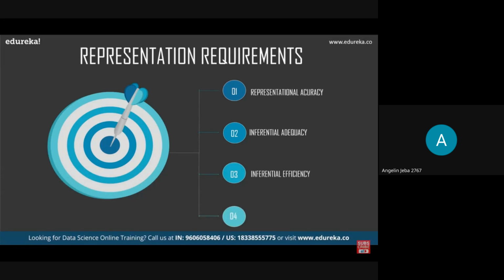It also must have inferential efficiency, so, the ability to direct the inferential knowledge mechanism into the most productive directions by storing appropriate guides. Then, finally, it must have acquisitional efficiency as well. That is, the ability to acquire new knowledge easily using automatic methods. So, these are some of the important requirements for knowledge representation in AI.